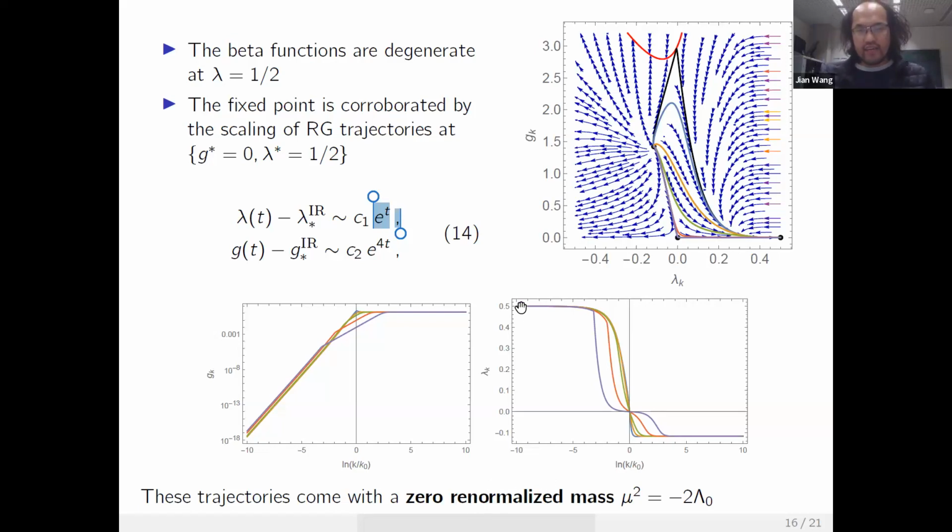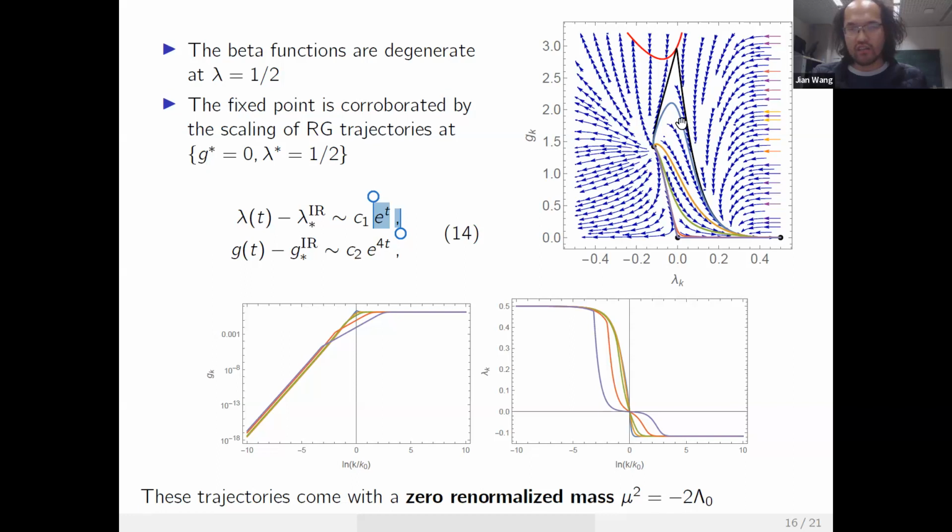In addition, since the fixed point value of the dimensionless cosmological constant is finite, just around half, that means the dimensionful cosmological constant in the infrared should go to 0, since we have k squared, right?